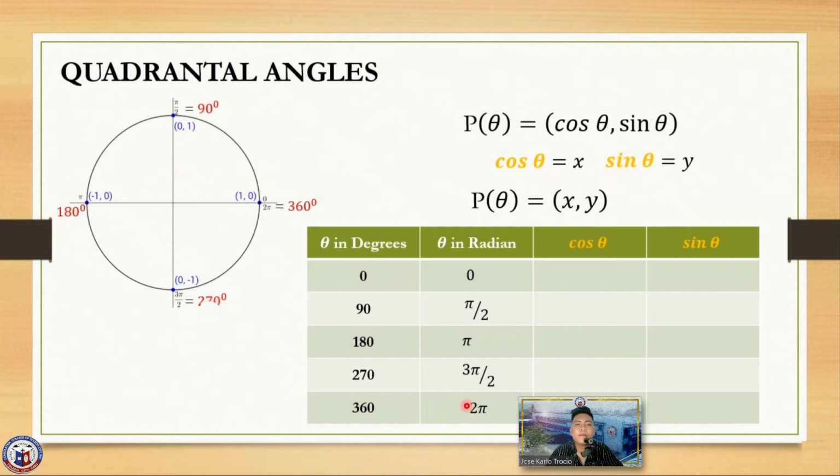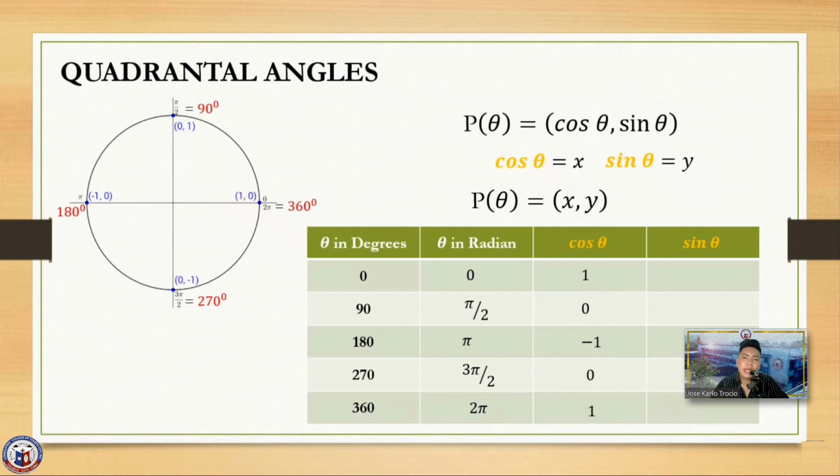So the cosine, cosine is x. For 0 degrees, hold on, you have 1. Cosine is x, so here it is 1, and the sine is 0, of course.